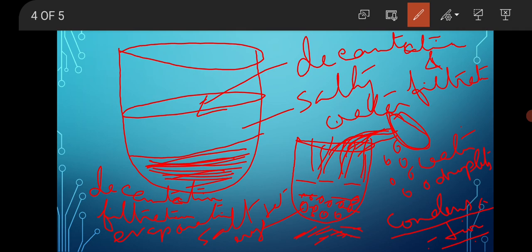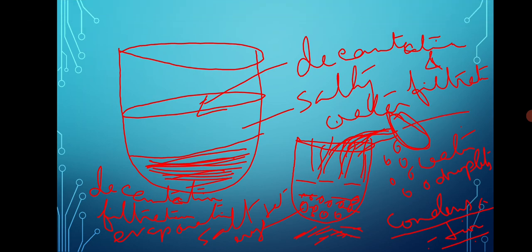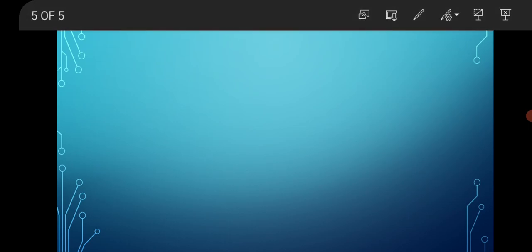So this is one example where we can see that yes, we can separate the different substances from a mixture by more than one method.